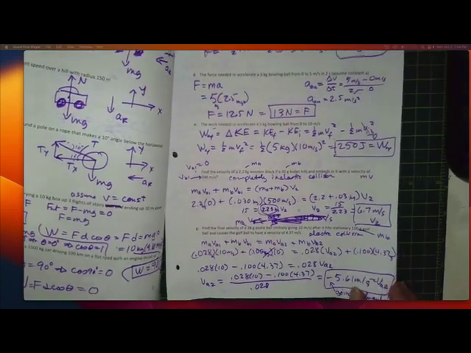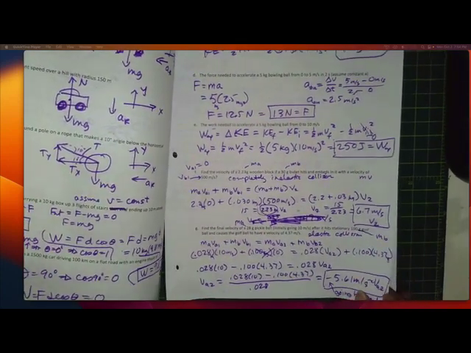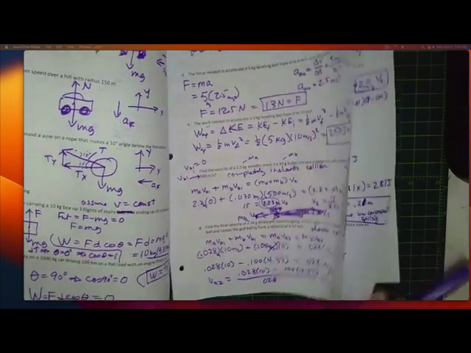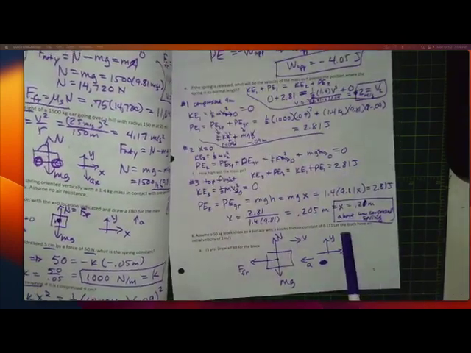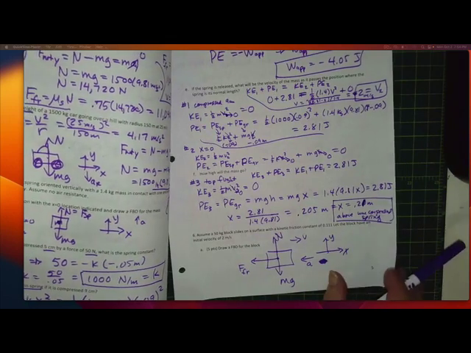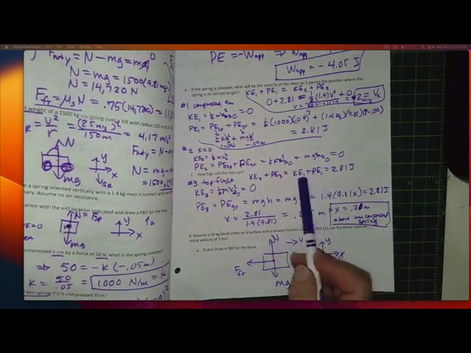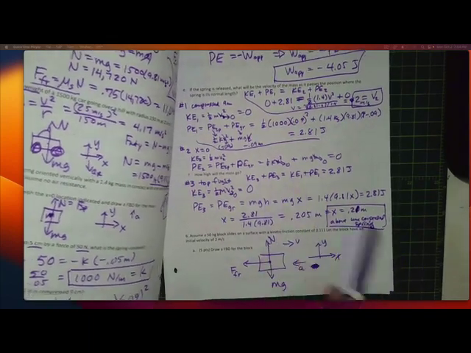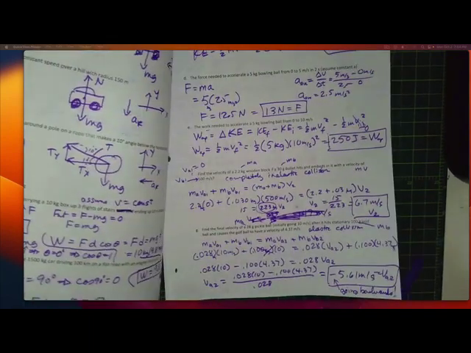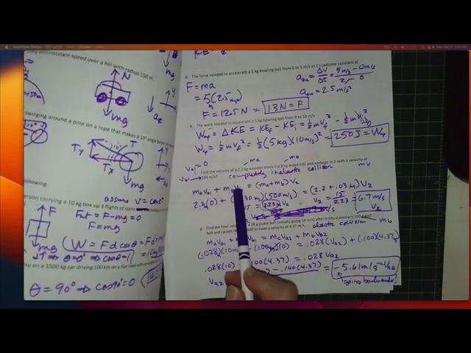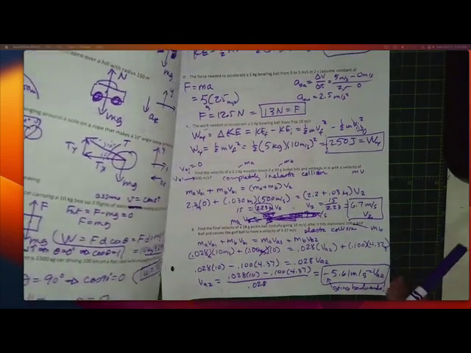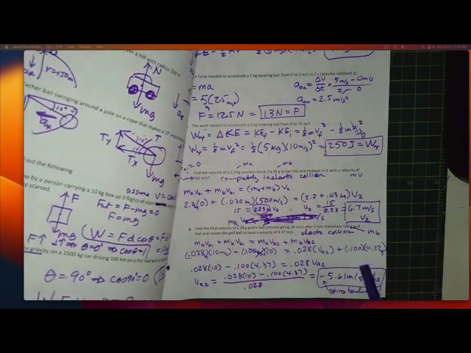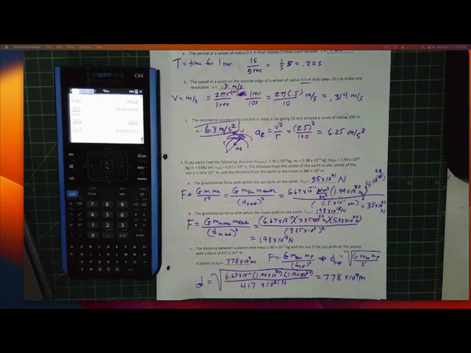And then we have conservation of energy, things like we just did, kinetic energy plus potential energy has to add up and be equal from one condition to the next. And then we have the conservation of momentum, where the mv plus mv on one side equals mv plus mv on the other side. All right, I think that'll do it.